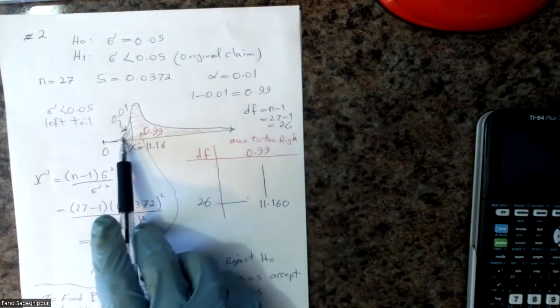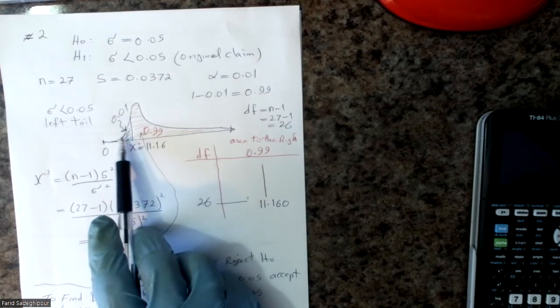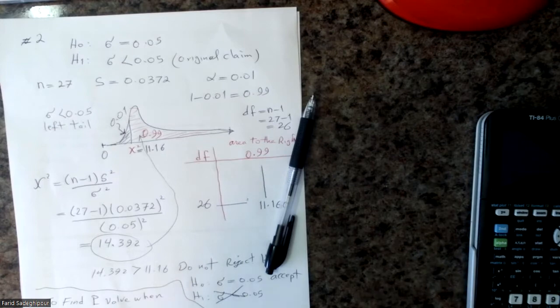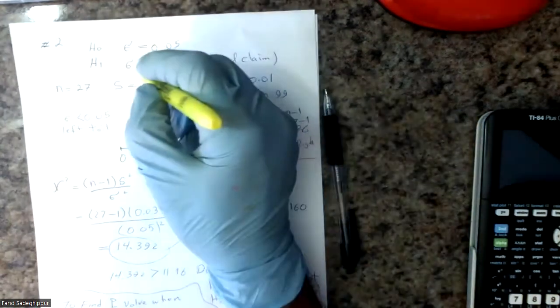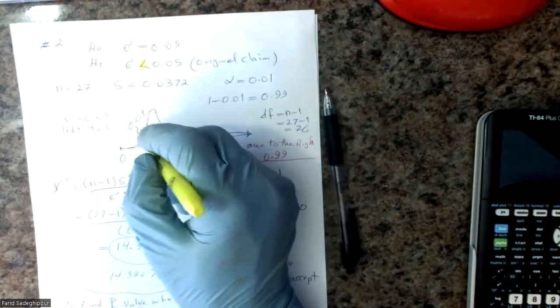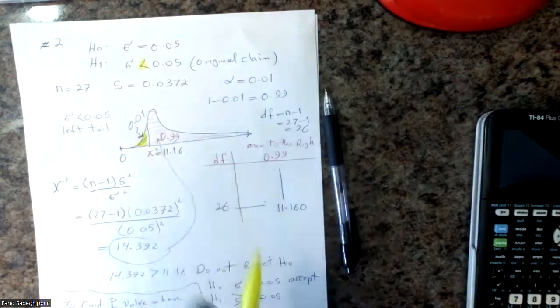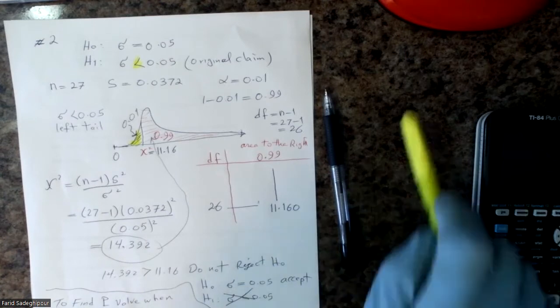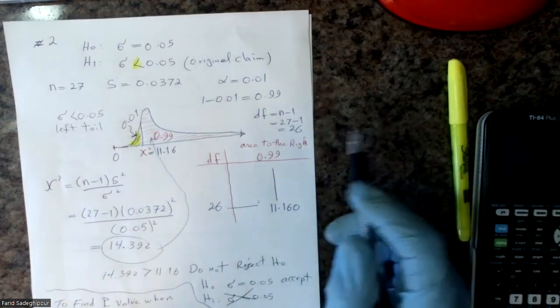So it is one tail, and this is a left tail because it's less. Okay, so this symbol, H1, determines the shape of the graph, which is left tail, or two tails, or right tail.